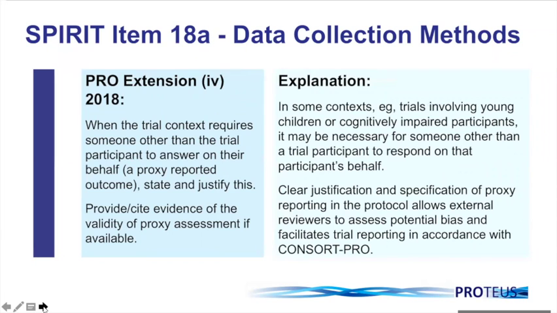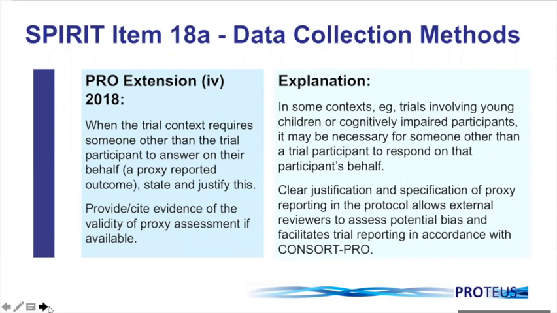The fourth item relating to Spirit 18A is when the trial context requires someone other than the trial participant to answer on their behalf, a proxy reported outcome, that you should state and justify this. You should provide and cite evidence of the validity of the proxy assessment if this is available.